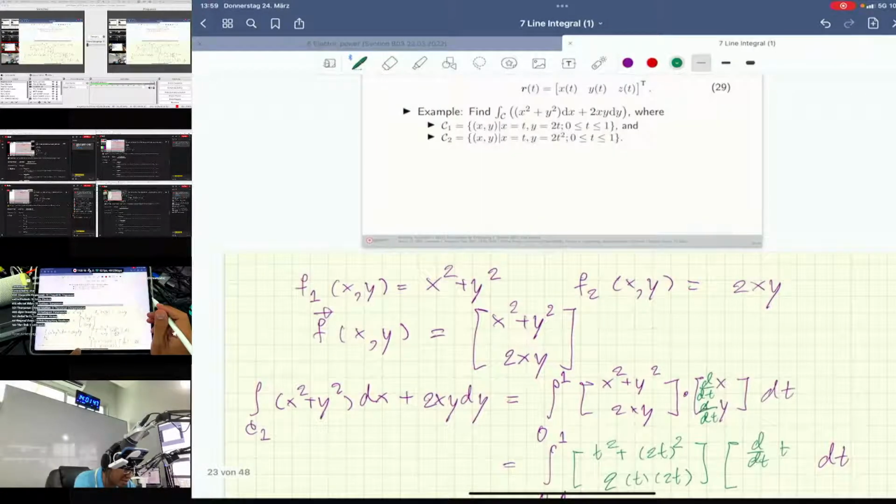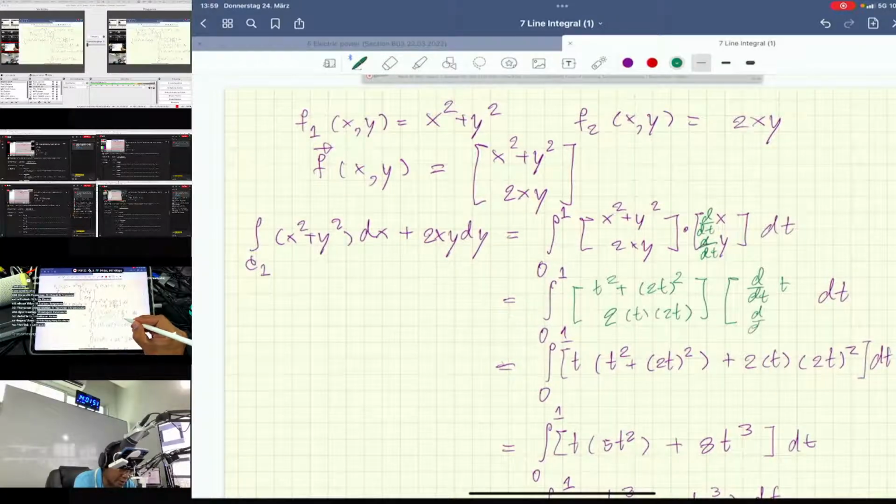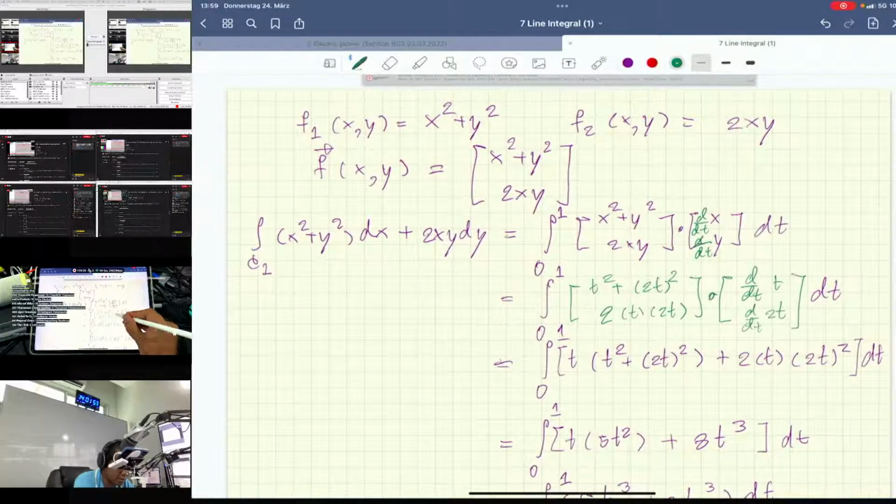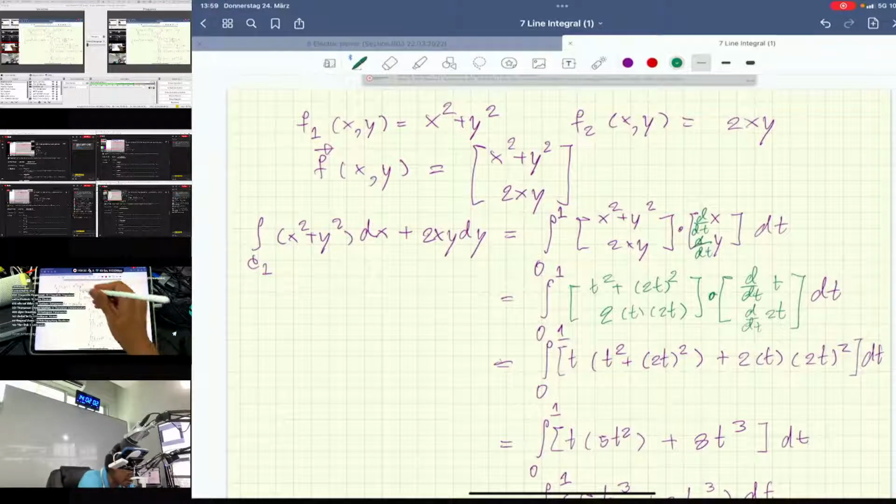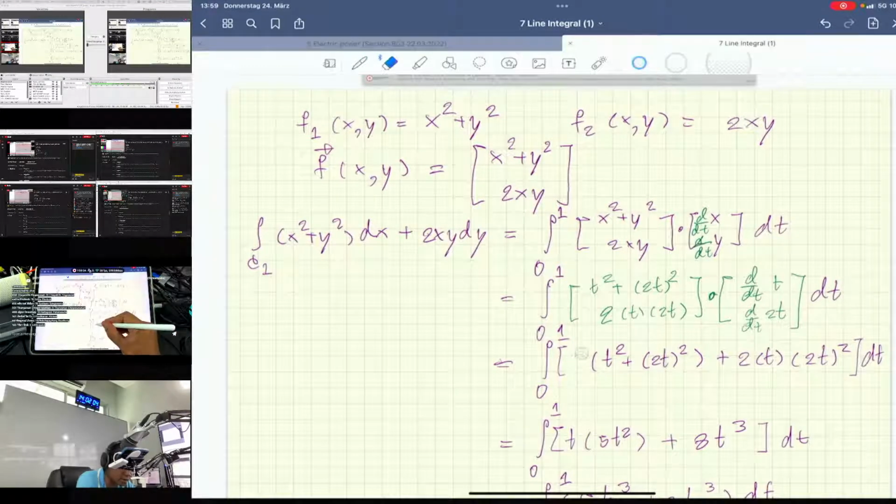And yt is d by dt of 2t. Okay, closing dot product. Dot product is number 1. So you're going to have here number 1, and here you have number 2, right?